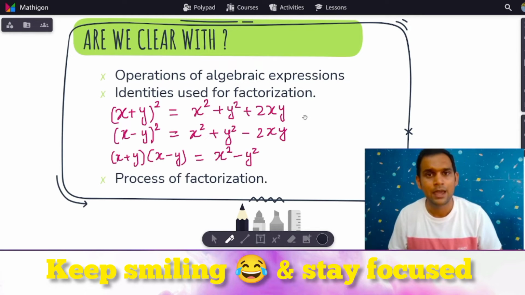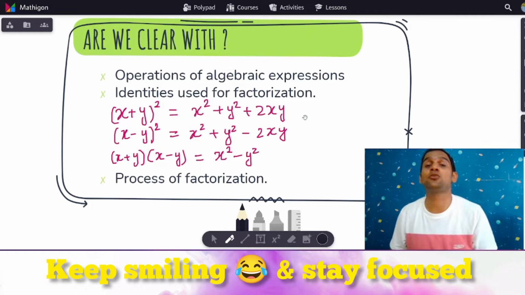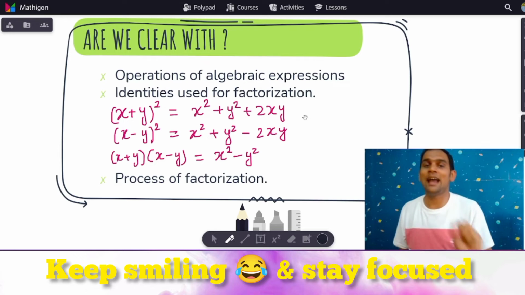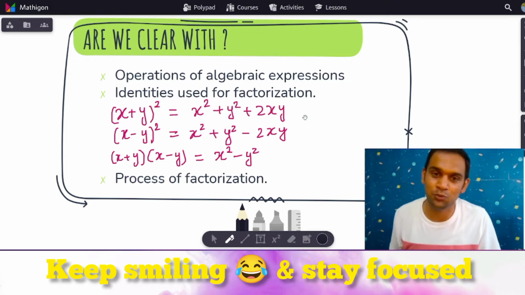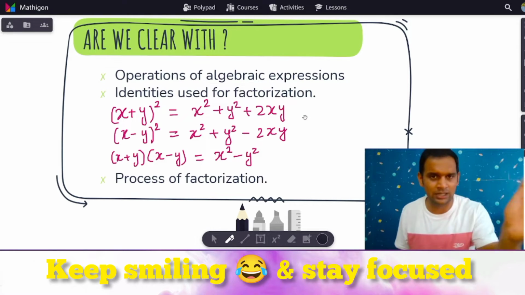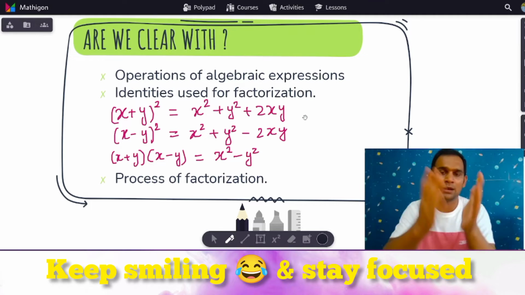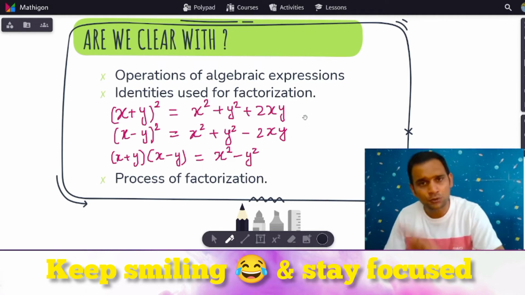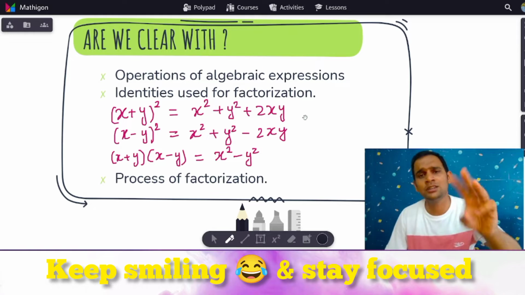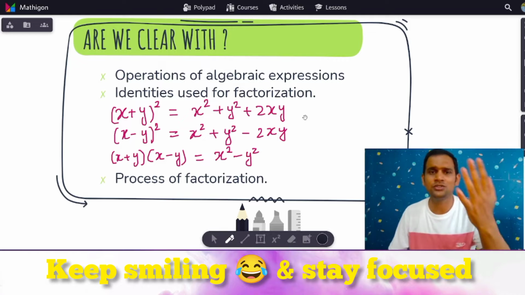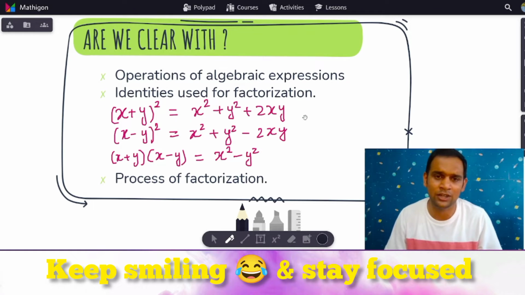And the constants are fixed values, which can be in the form of numbers or it can be in the form of alphabets as well. We will try to understand it in a little more detail as we proceed further. And obviously mathematical operations: plus, minus, addition and subtraction. So a combination of all these three, variables, constants and all the mathematical operations, is known as algebraic expressions. Yes, I hope that's clear.